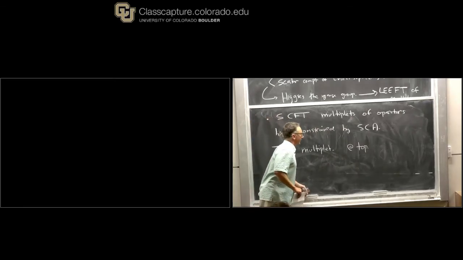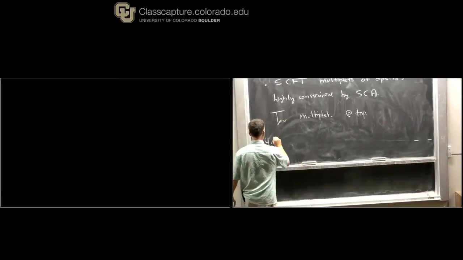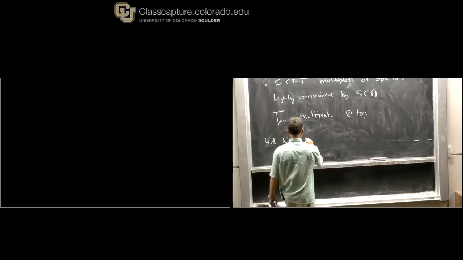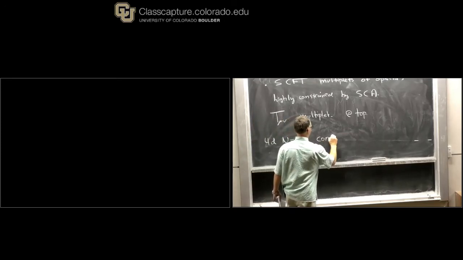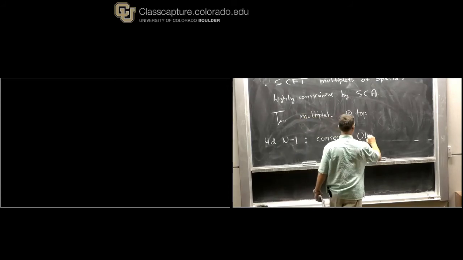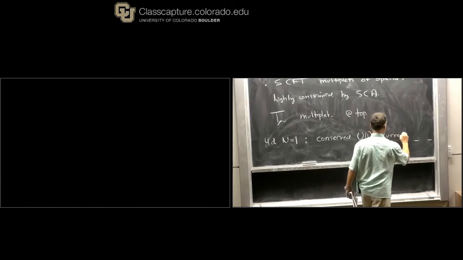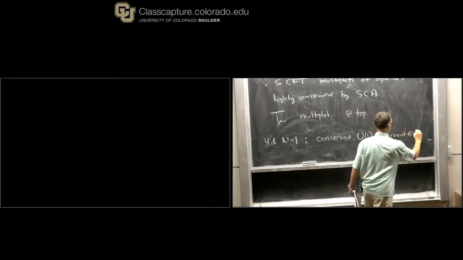And in the case of N equals 1, so for 4D N equals 1, a conserved U(1)_R current is at the bottom.